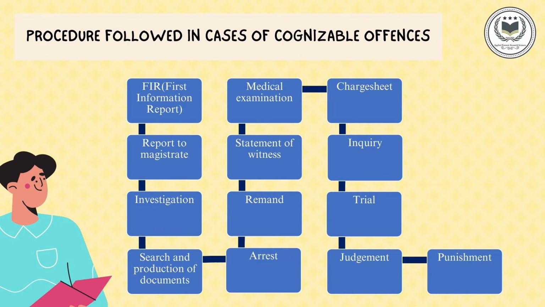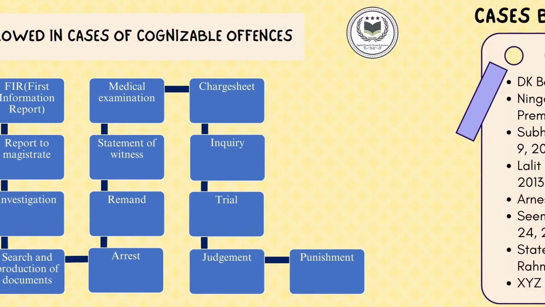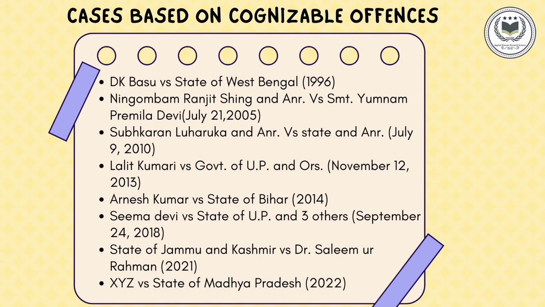In case of cognizable offense, the punishment period is more than 3 years and can be up to life imprisonment or death penalty.